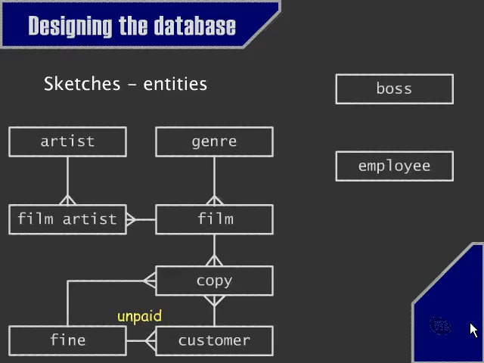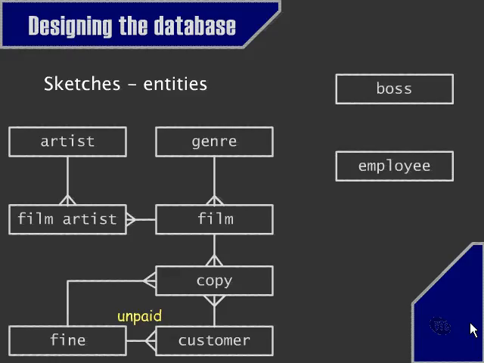So we need to be able to store two different kinds of late fee, essentially. An unpaid late fee, such as the one I've just described, and a late fee where the customer still has the video out.